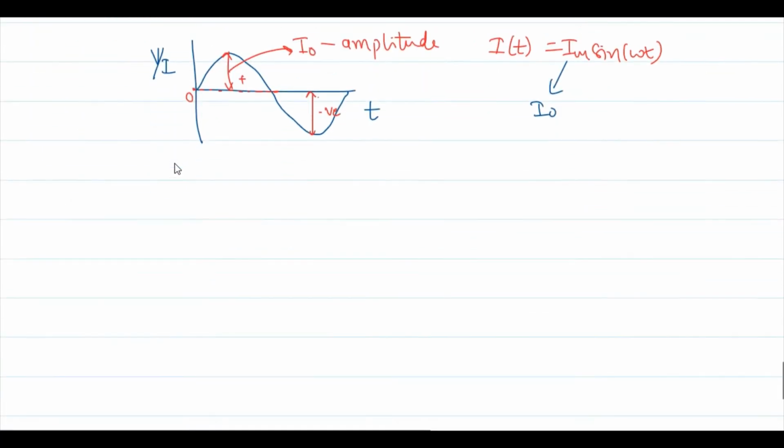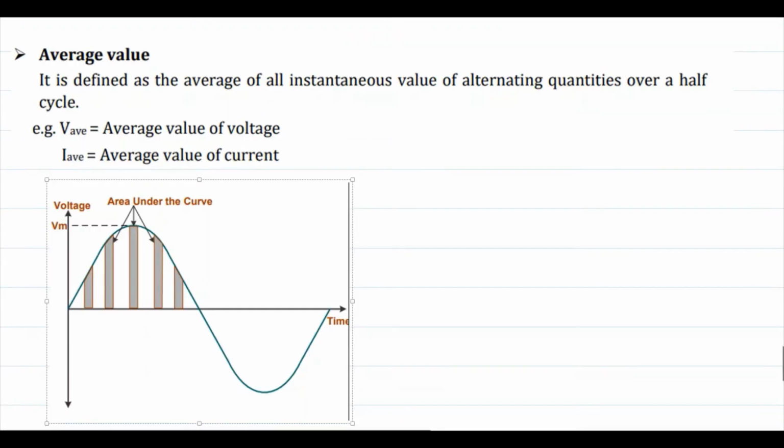Similarly, here once again we are going to define another term, that is called the mean or average value. The average value is defined as the average of all instantaneous values of an alternating quantity over a half cycle. Only in the sinusoidal wave, for half cycle, if you take the mean of the instantaneous values of that particular AC quantity over a half cycle, it is called the average value.